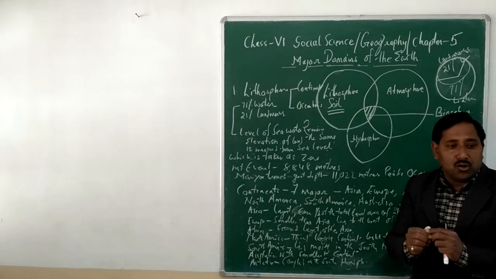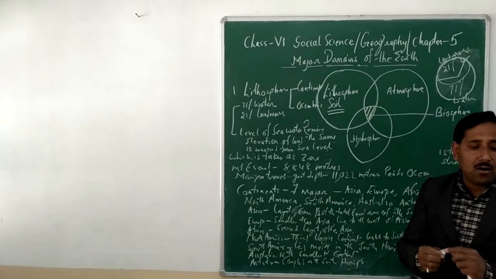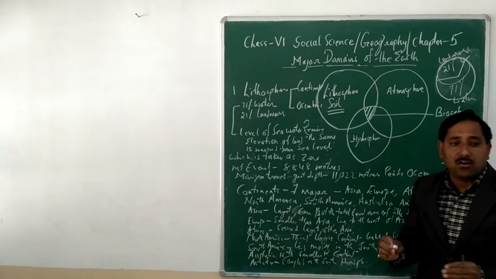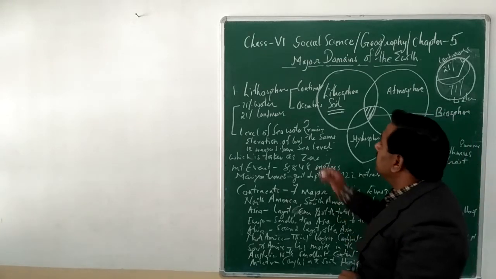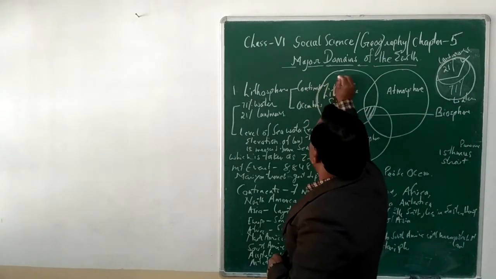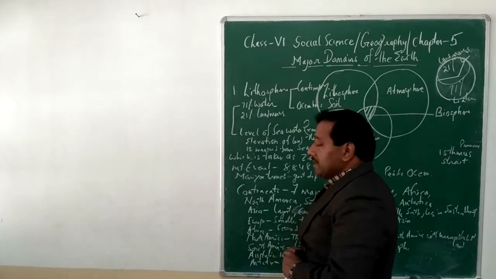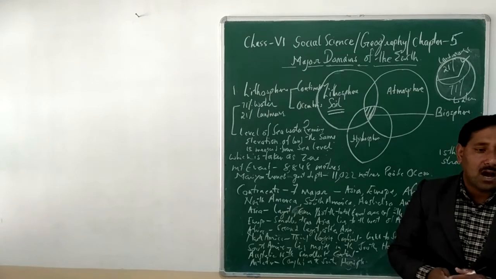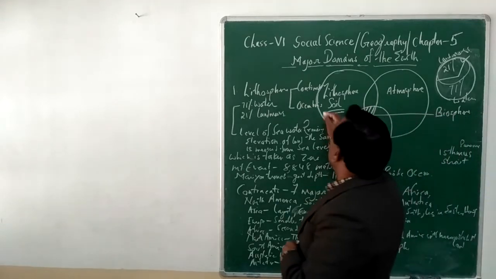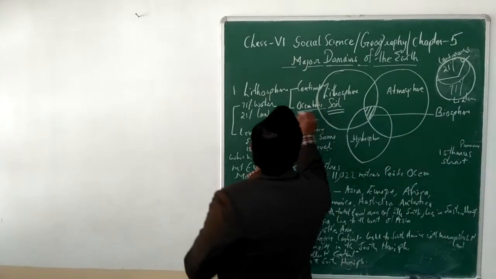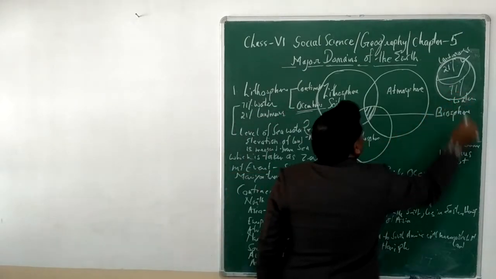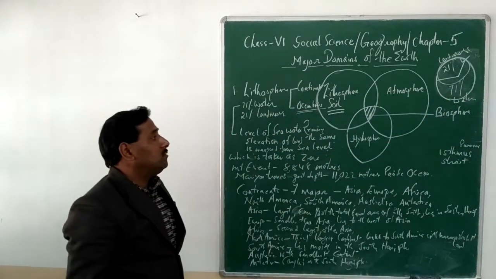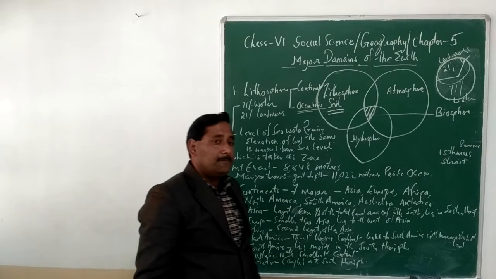The two main divisions are the large landmasses, known as the continents, and the huge water bodies, called the ocean basins. These are known as the ocean basins.